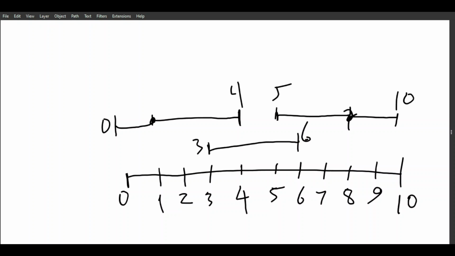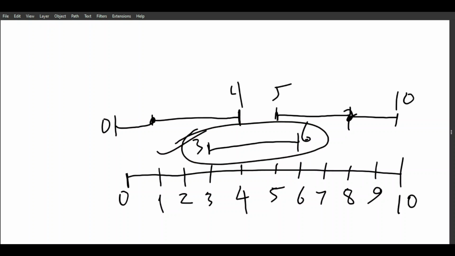So here we can see we have 3 intervals. The shortest interval is from 3 to 6, of size 3. Next we have 0 to 4 of size 4, and 5 to 10 of size 5. According to our algorithm, we have to choose the shortest one.